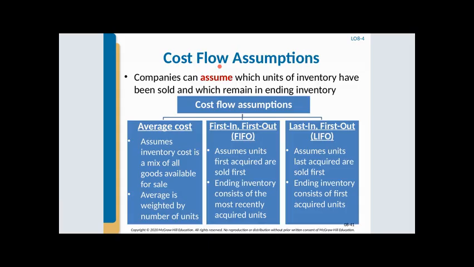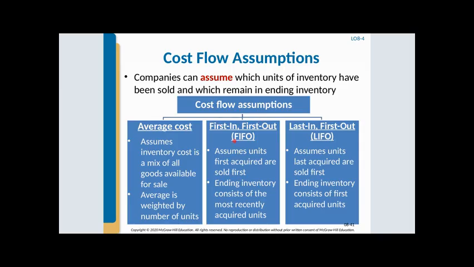For everything else, we basically have three methods. One is the average cost, which, like the word says, takes an average. Then we have first in, first out, and then last in, first out. So basically, different assumptions. On first in, first out, we're saying the sale is coming from the older units that we have.